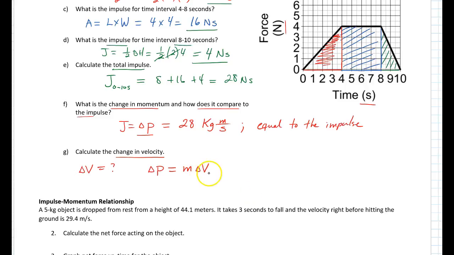All we have to do is isolate velocity by dividing both sides by the mass. We already found the change in momentum would be 28. For the mass, you have to go back up to the problem from earlier, and I believe it was 2.1 kilograms. Kilograms cancel.